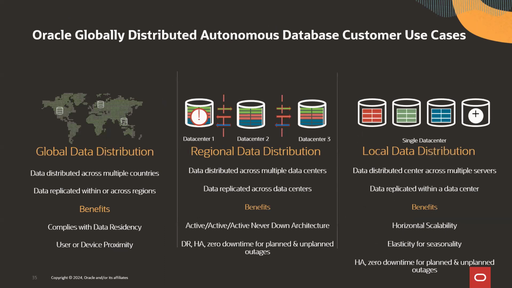And so it is good to use for the large applications that want to potentially replicate first by country or by region, and inside the region across a large number of shards for scalability and also availability. So typically, in this case, you want to use a very high-end infrastructure for your system. Today, we offer globally distributed autonomous database only in 19c.